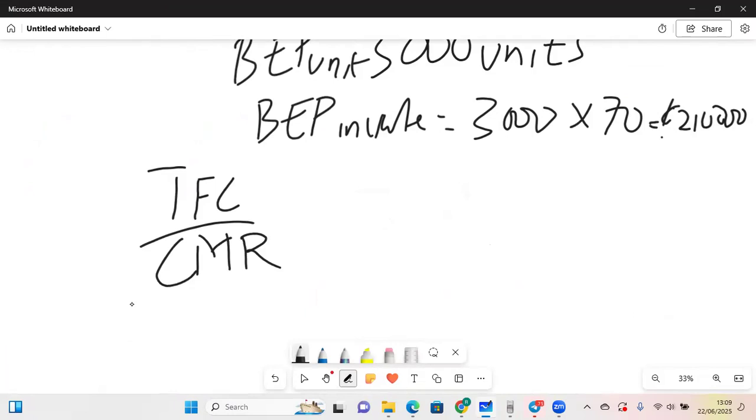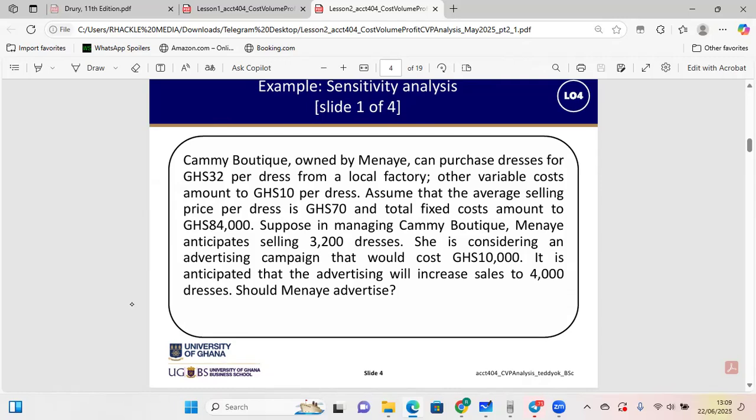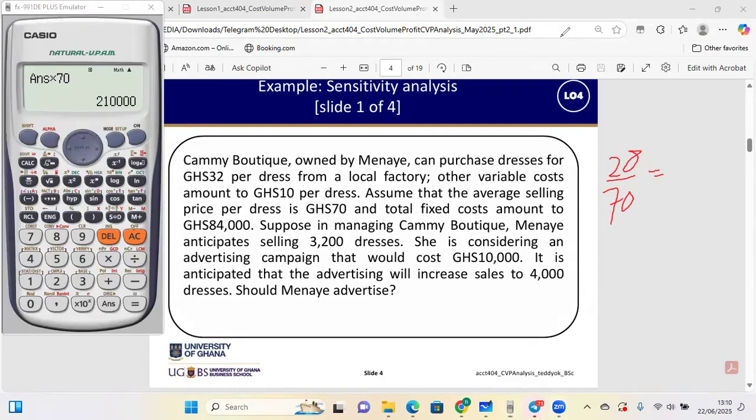Now let's go and find our contribution margin ratio. The contribution margin here is going to be the contribution, which was 28, all over the selling price. So 28 divided by 70, and we get 0.4.